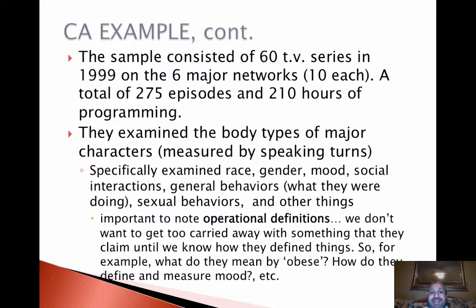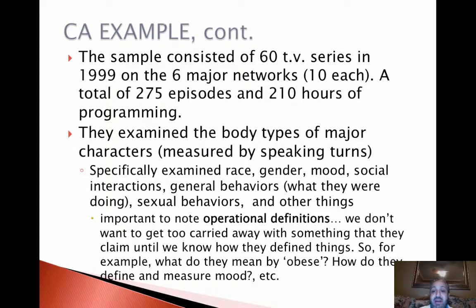So you have 60 programs from the 6 major networks, 10 shows from each of the major networks. It ended up being a total of 275 episodes, selected at random, of course, 210 hours of programming. Because some of the shows are an hour long, some of them are a half hour long, right? And they looked at comedies, dramas, everything.